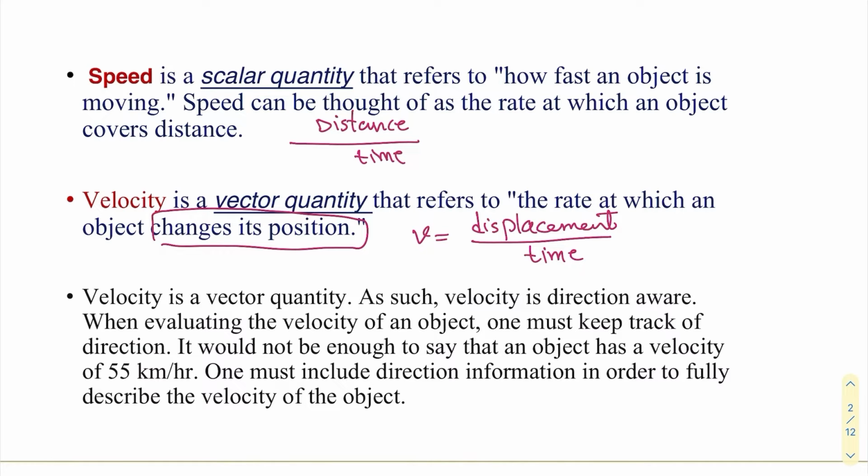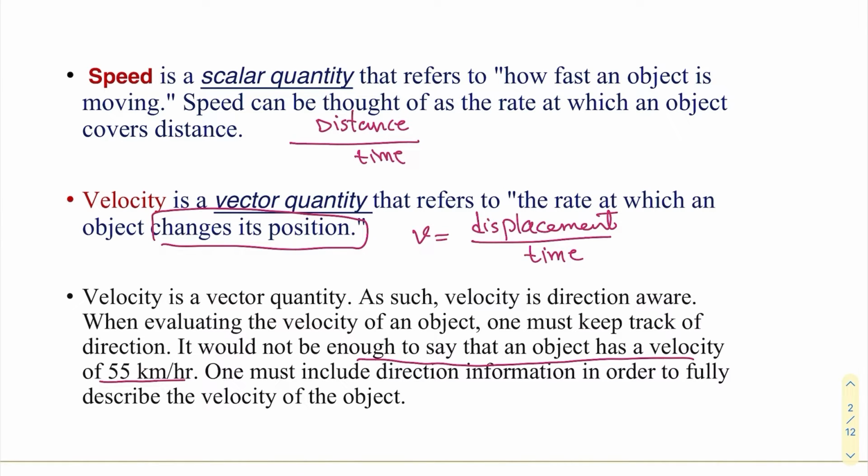Velocity has another difference compared to speed, and that is direction. So velocity, since it's a vector, has direction, whereas speed does not include any directions. For example, it would not be enough to say that an object has a velocity of 55 kilometers per hour.